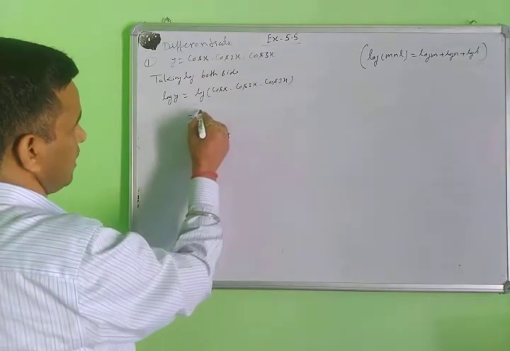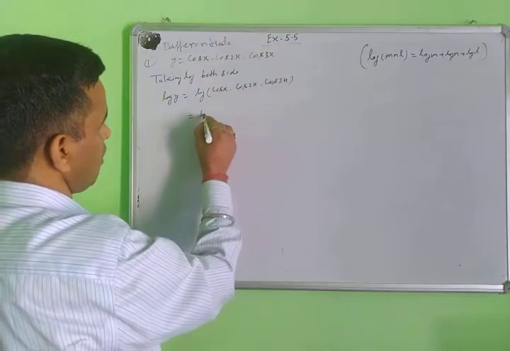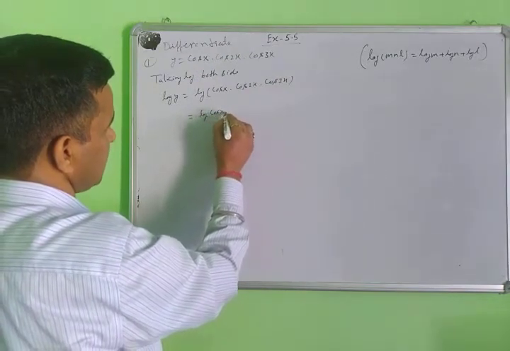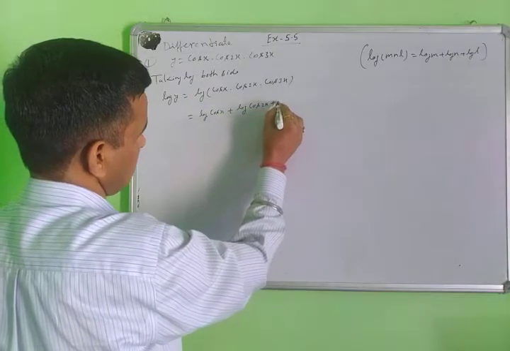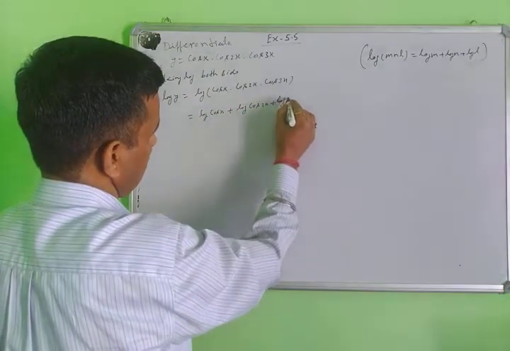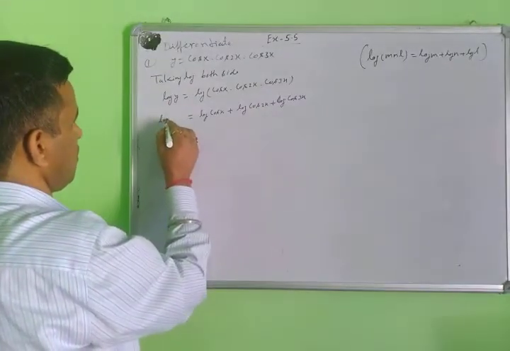Then using this identity, you write log cos x plus log cos 2x plus log cos 3x, and on the left, log y.